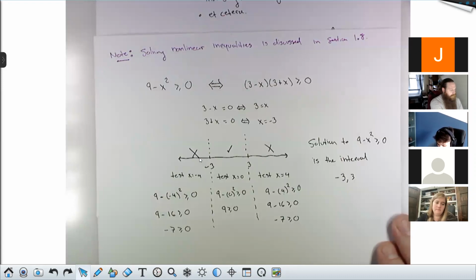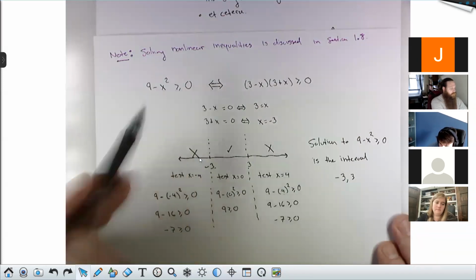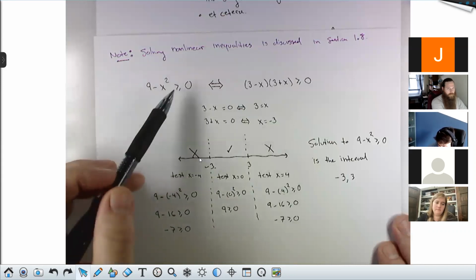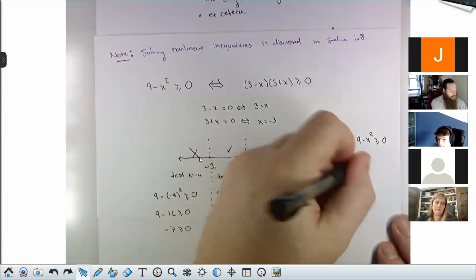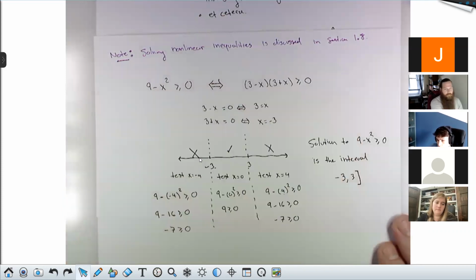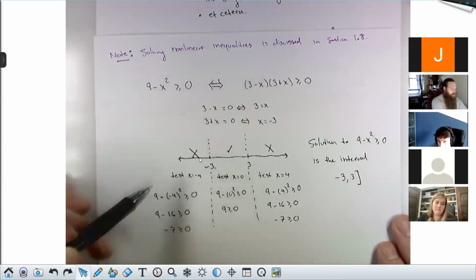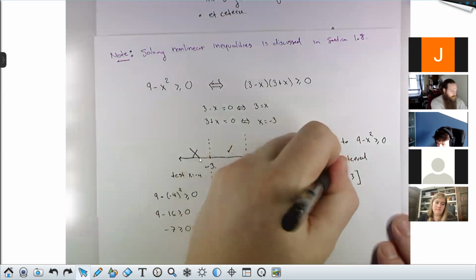You do that by asking whether the endpoint itself solves the inequality. So if you plug 3 in here, you get 9 minus 3 squared is 9 minus 9. You get 0 is greater than or equal to 0. That's a true statement. So I can include the +3. And similarly, if you plug -3 into this inequality, again, you get 9 minus 9 is greater than or equal to 0, so I can include this guy.